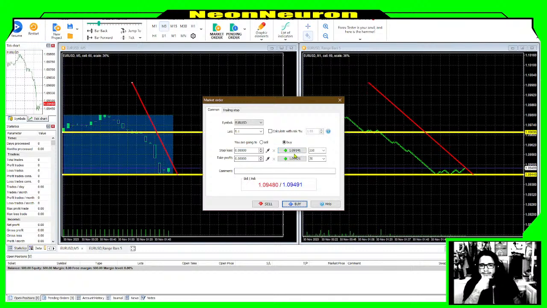I set my stop loss to 35 pips, which is 350 points. Our take profit is 3 pips, which is 30 points. This uses points instead of pips, so that's why it says 350 right here and 30 right here instead of 35 and 3. Just so you know. So we're just going to put these numbers in here. We're going to sell. Okay.